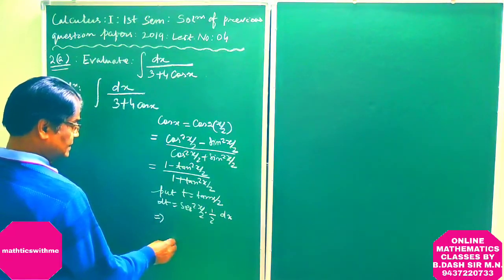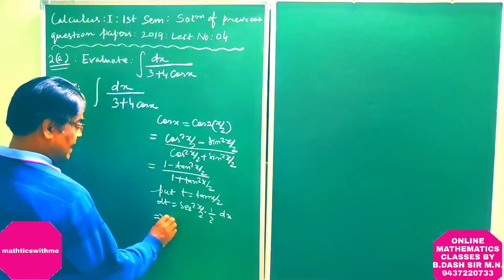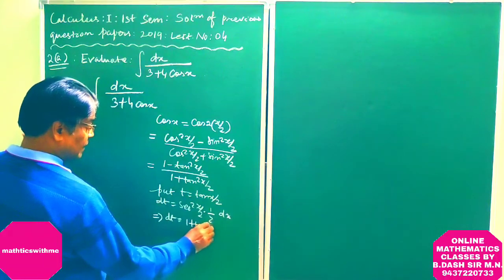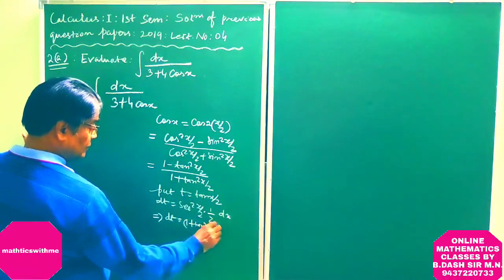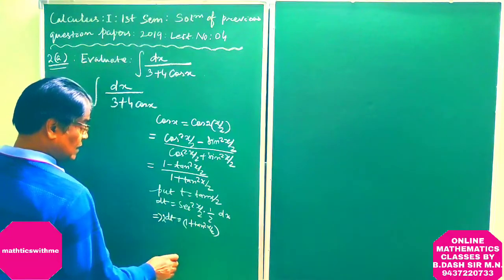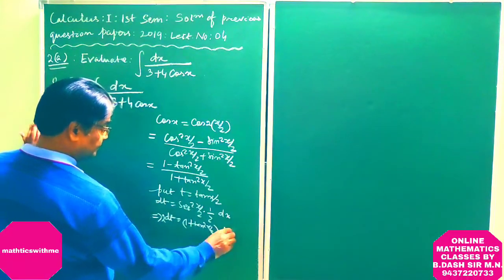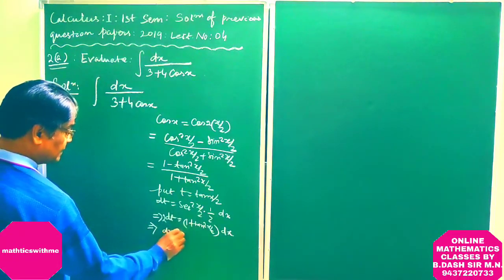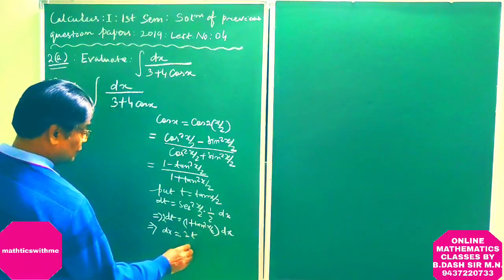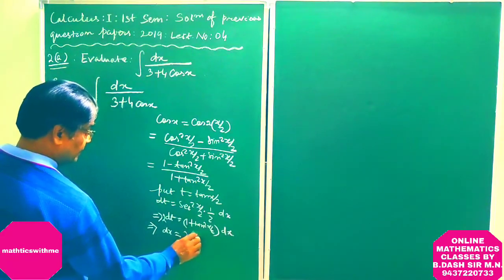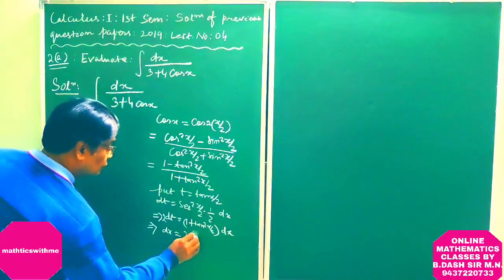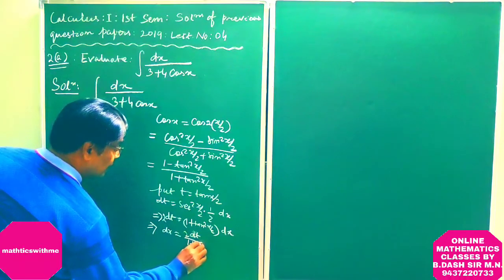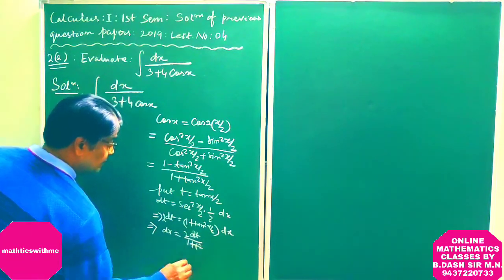So, this implies dt is equal to 1 plus tan square x by 2, 2 dt is equal to 1 plus tan square x by 2 dx, from which we get dx is equal to 2 dt by 1 plus tan square x by 2, which means 1 plus t square.